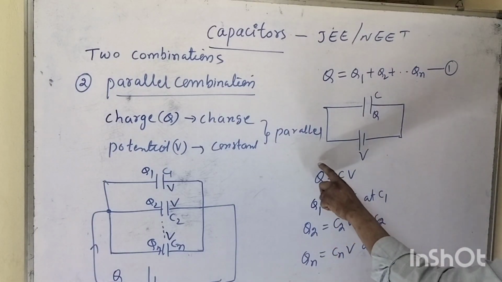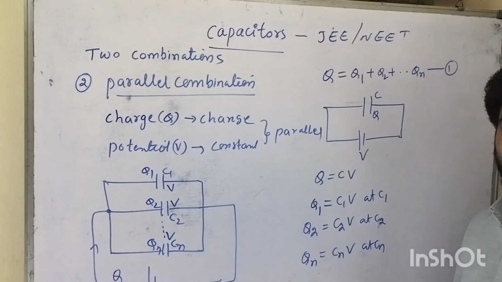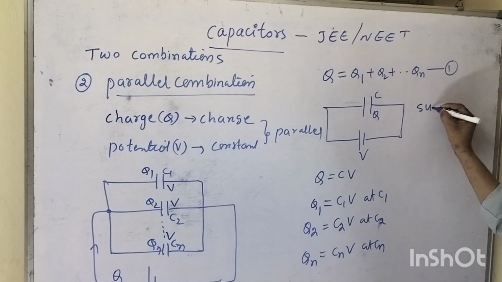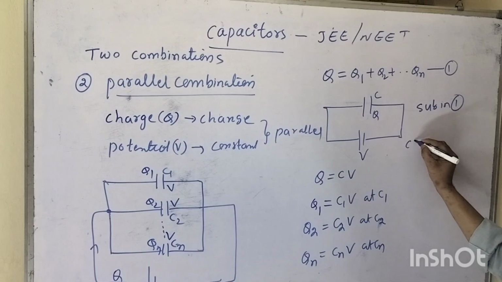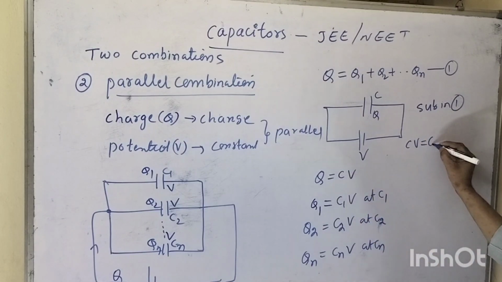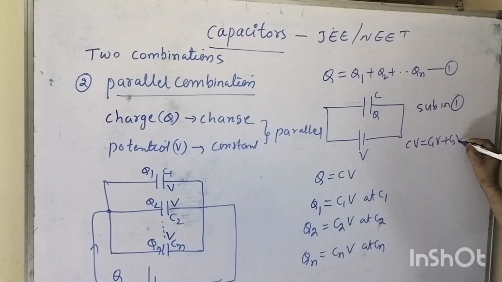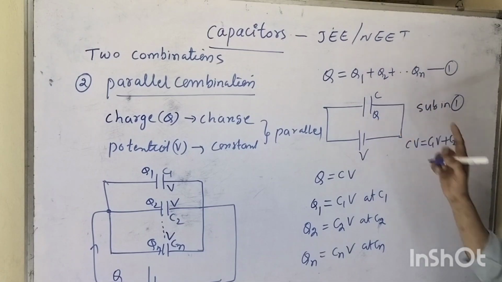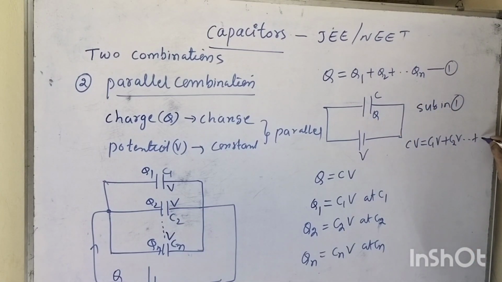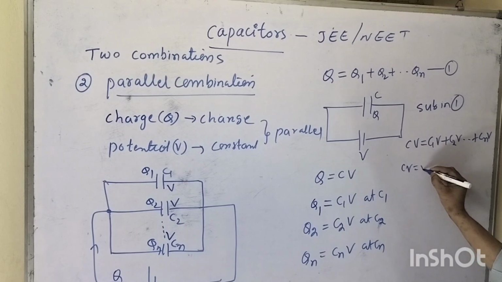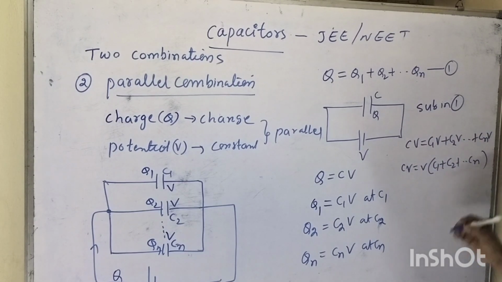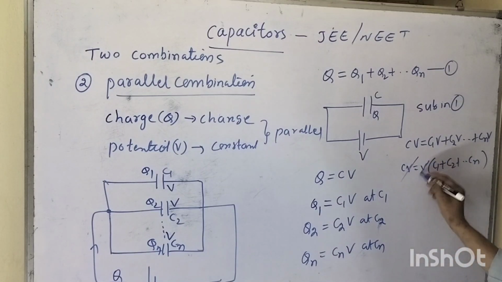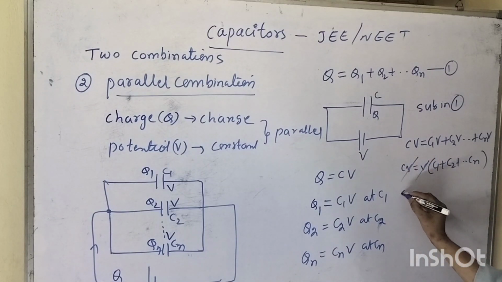Now all these charge values are substituted in equation 1. Now substitute in 1. Now what do we get? Q is CV, Q1 is C1V plus Q2 is C2V and so on plus CnV. Now here we take V common. Now what do we get? C1 plus C2 plus and so on Cn. Now V gets cancelled. Therefore this C is taken as C effective.